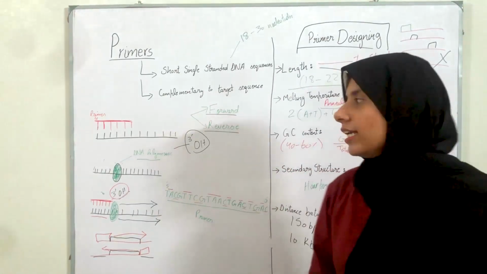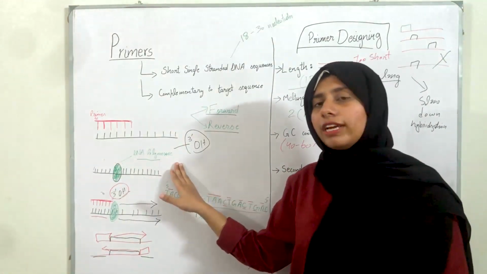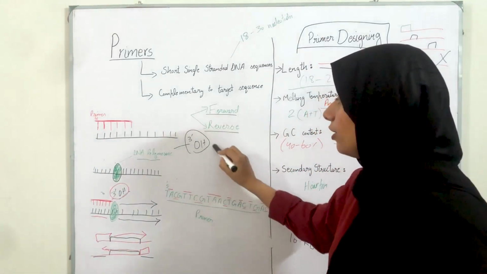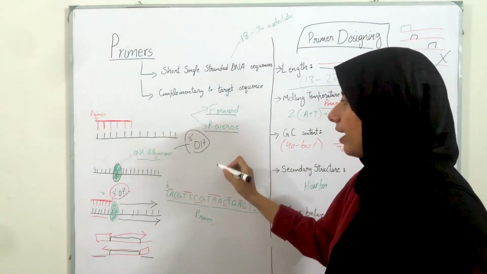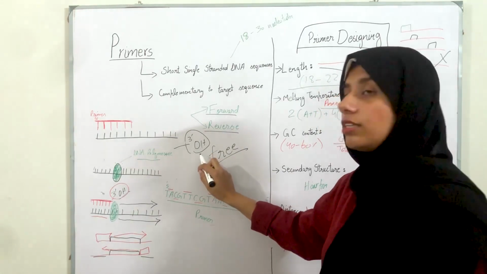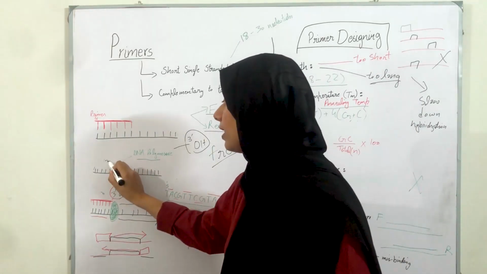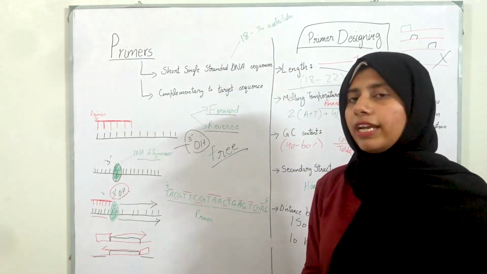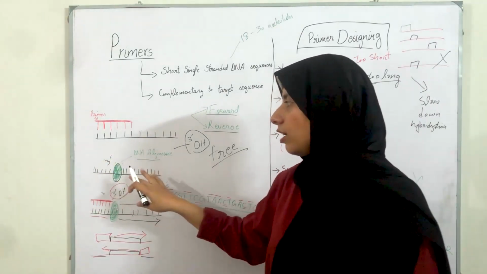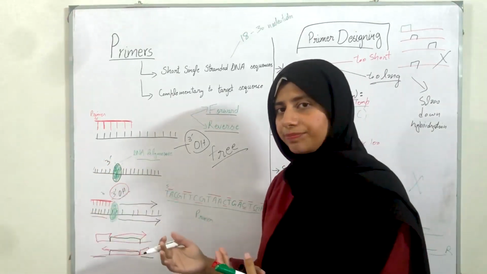The reason is this enzyme cannot initiate the reaction by itself, because it requires a free hydroxyl group at the 3' end to initiate the reaction. It can continue an already existing strand by adding new nucleotides.